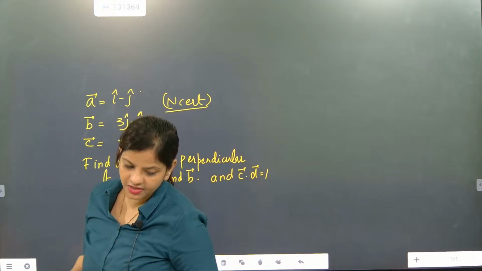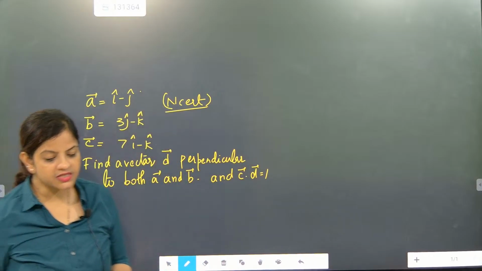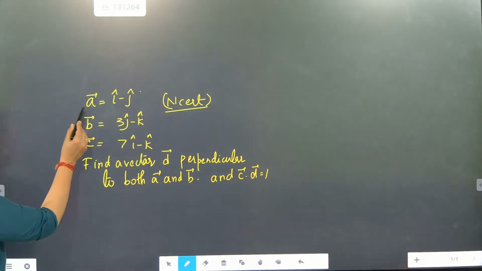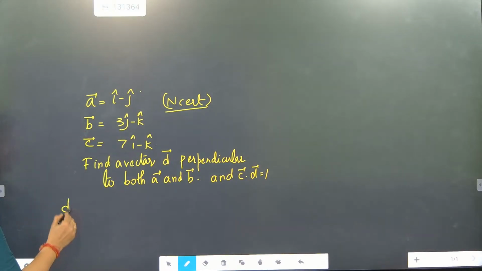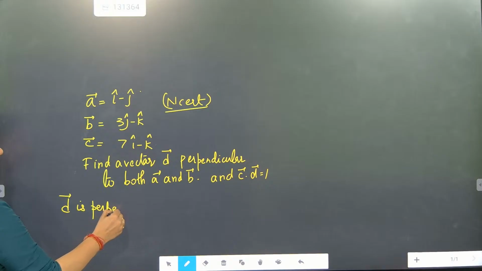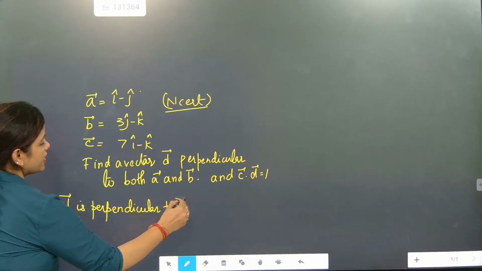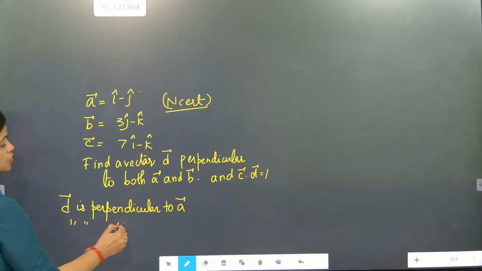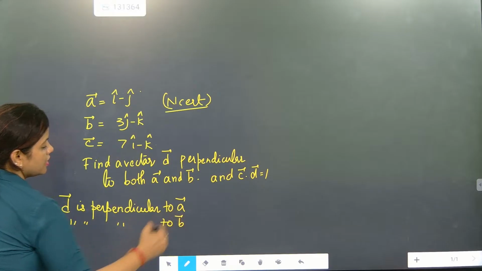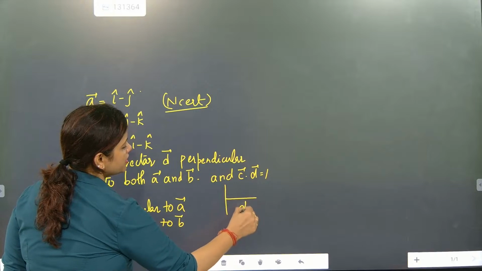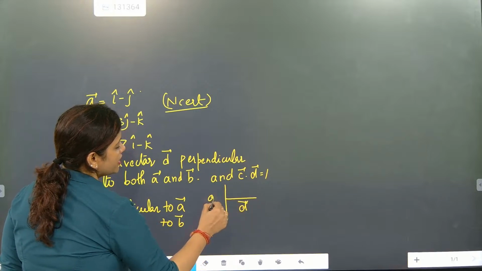Now, how to understand the question first? Try to understand what the question is given to you. Now, beta, they're telling that D vector is perpendicular to A vector. D vector is also perpendicular to B vector. Understood? So just understand this is D vector. D vector is perpendicular to A vector.